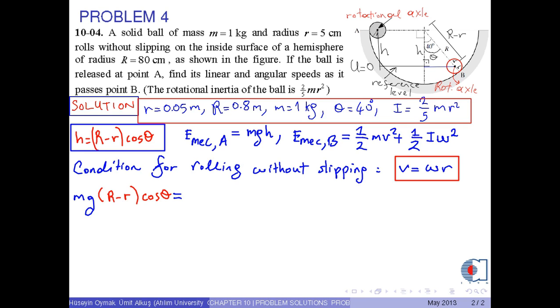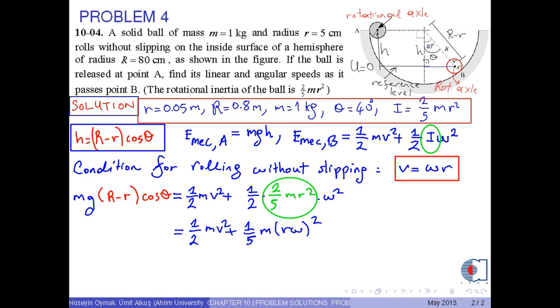We get m times g times capital R minus r times cosine theta equals 1/2 times m times v squared plus 1/2 times 2/5 times m times r squared times omega squared, or 1/2 times m times v squared plus 1/5 times m times r squared times omega squared.